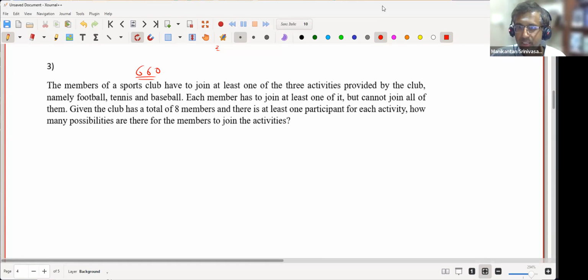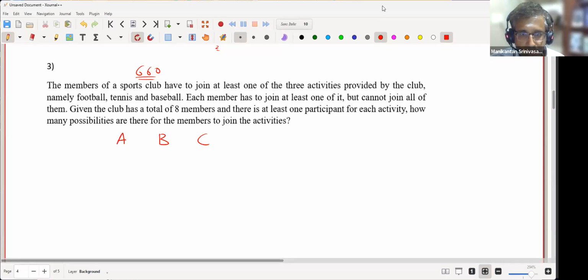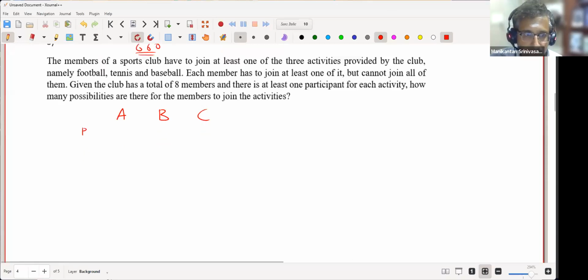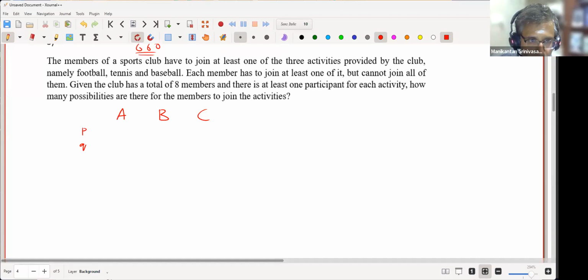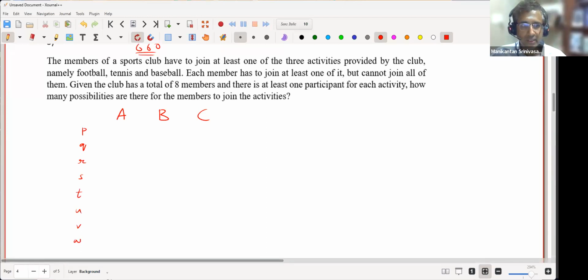So what she's saying is, let's list out the 3 games: A, B, and C. These are the games, and I'll put small letters for the members: P, Q, R, S, T, V, W. So these are the 8 members, right?